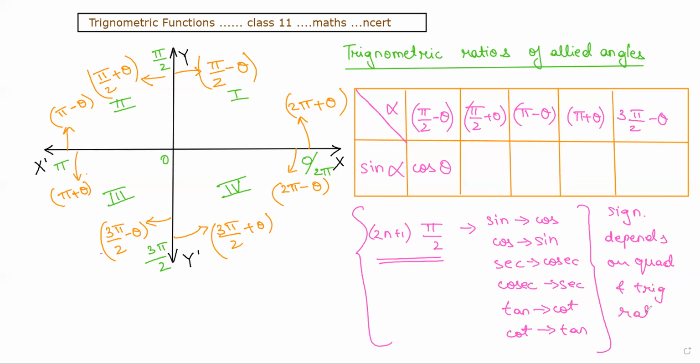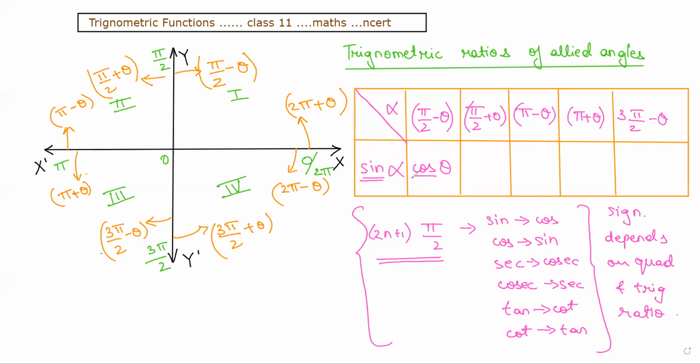In the last class, we discussed which trigonometric ratios are positive in which quadrants. So this sine value got converted into cos. We'll observe the sign of the value that you're converting, not the one that it is converted into.